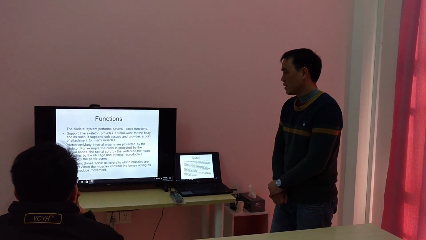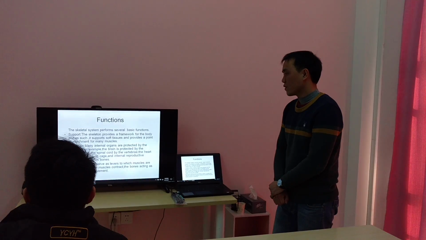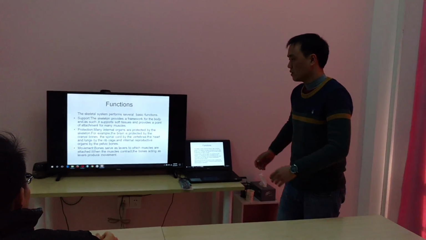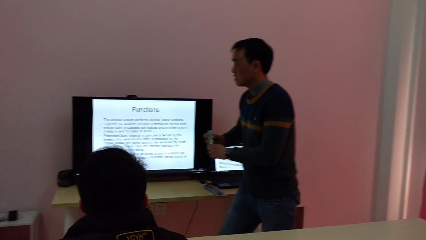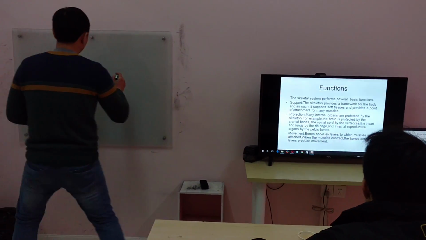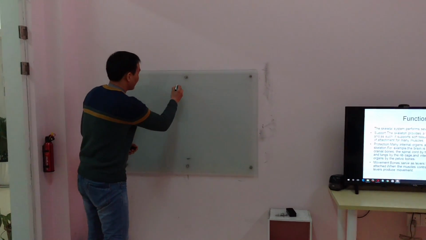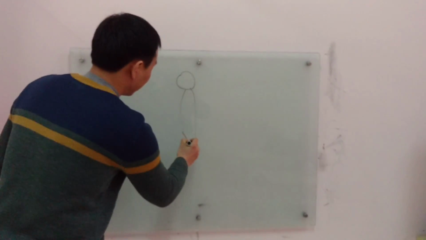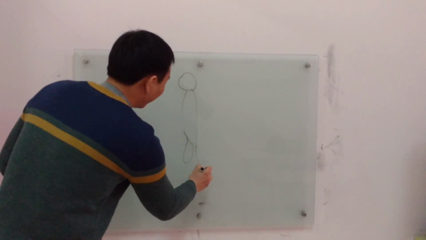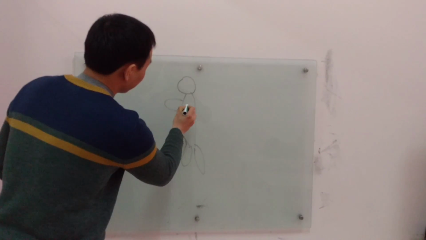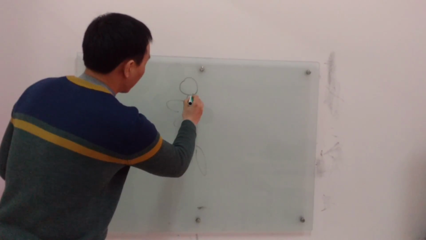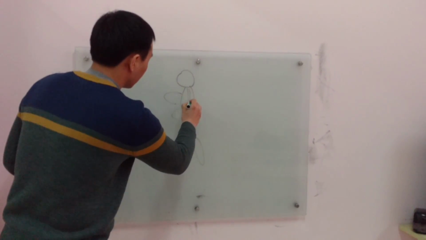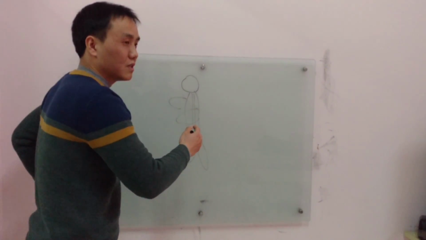For example, the brain is protected by the cranial bones. You know, this is head, this is body. The spinal cord, vertebra.